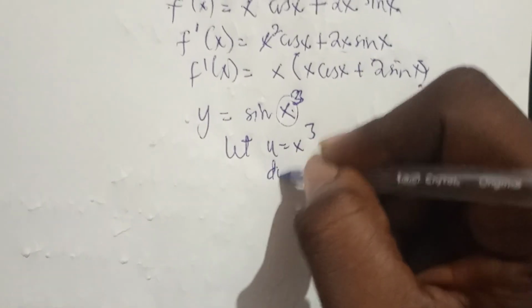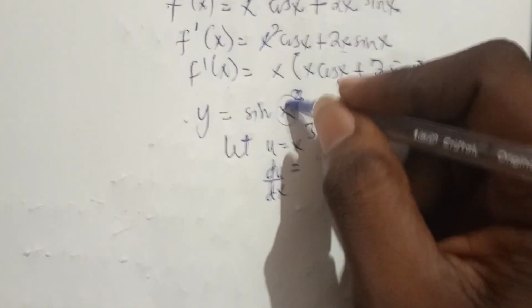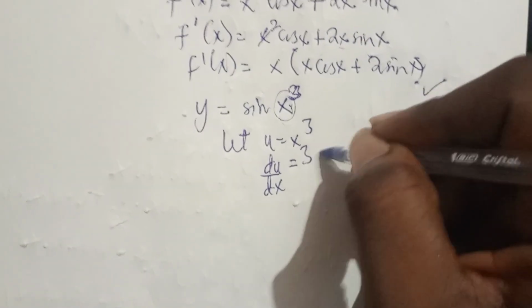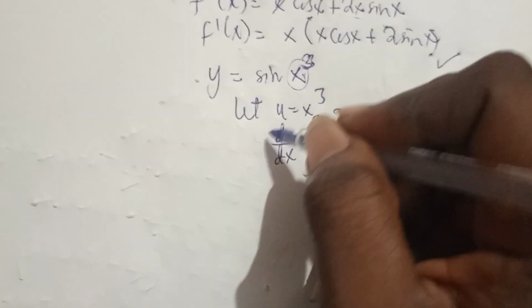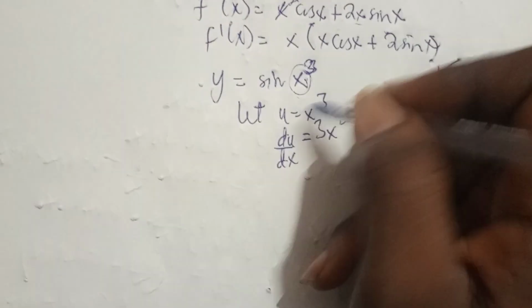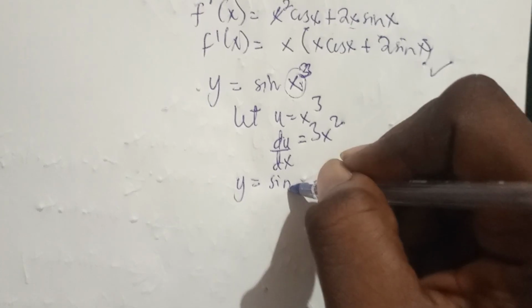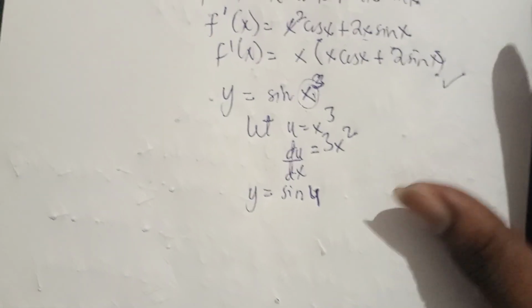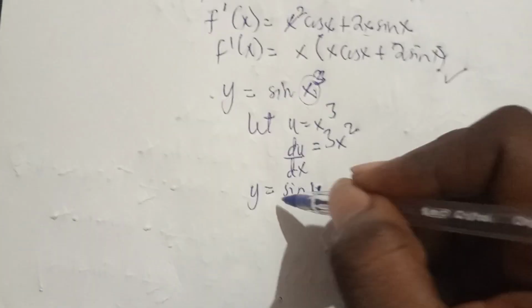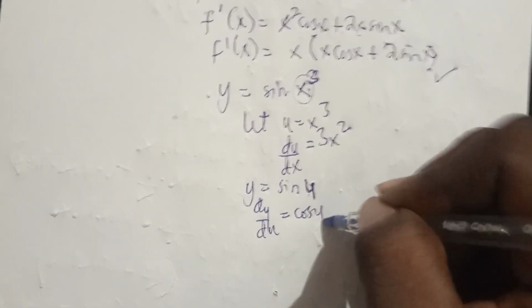So now if it is u, you know that du/dx, when you are differentiating that inner function, you are going to get 3x squared. Then we represented the x cubed with u, so that's y is equal to sine u, right? So when you differentiate sine u, we are going to get cos u.